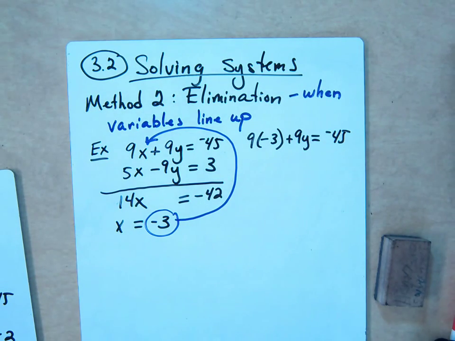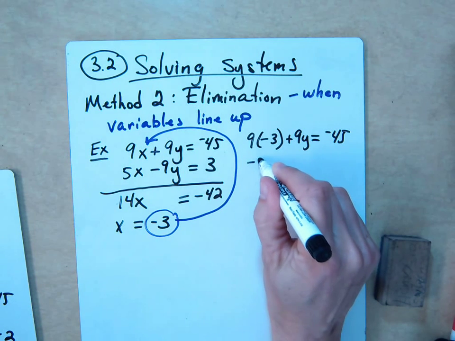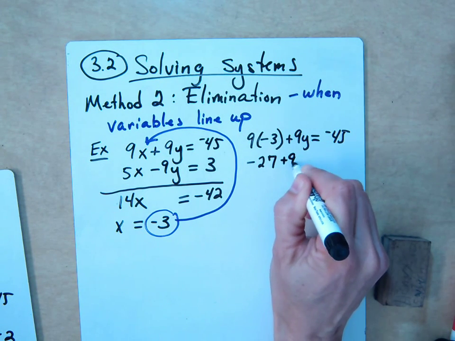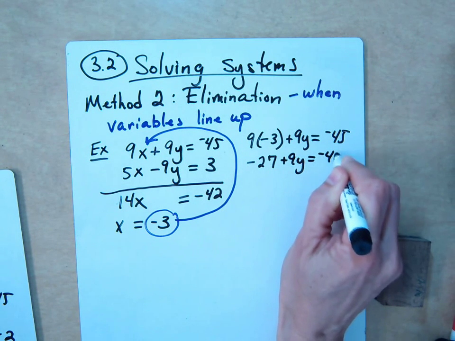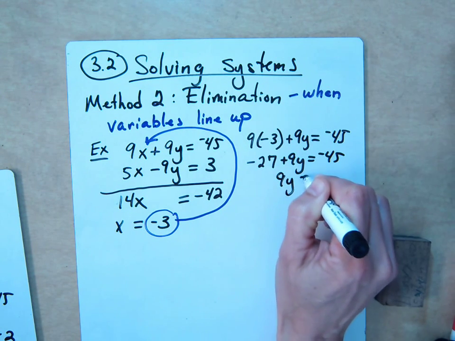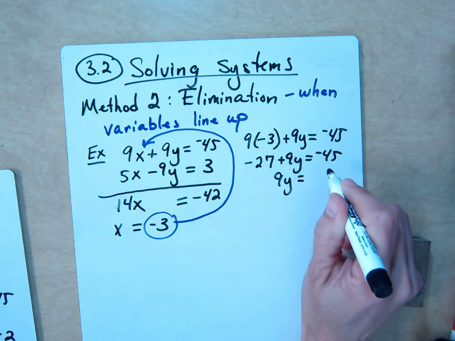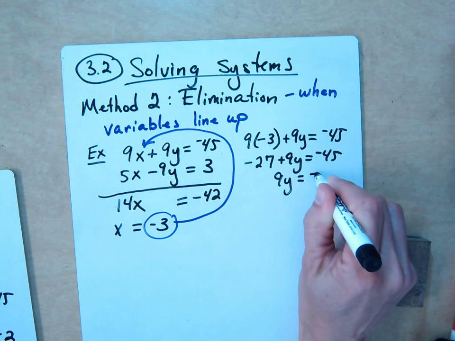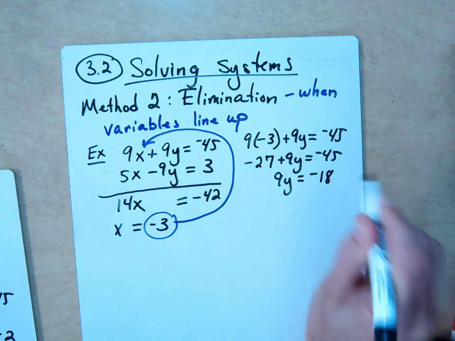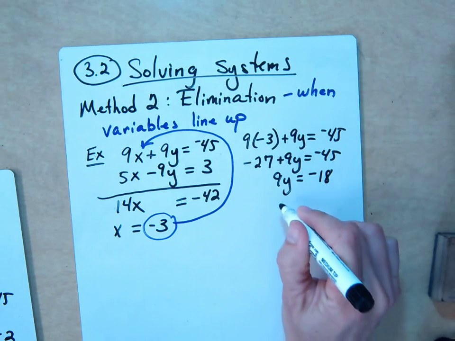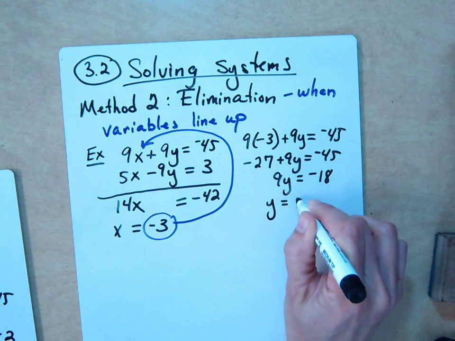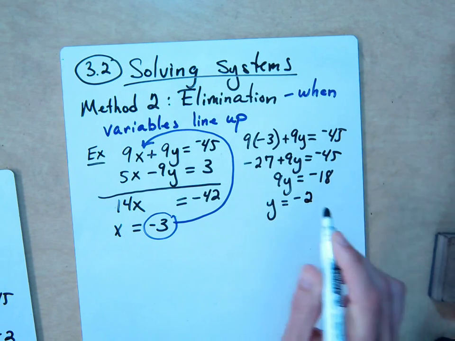And you just need to solve this for y, and then you'll have your other answer. So this is negative 27 plus 9y equals negative 45. We add 27 to each side. You get 9y equals negative 18. When you add, you do plus 27 to both sides. Divide by 9, and you get y is negative 2.